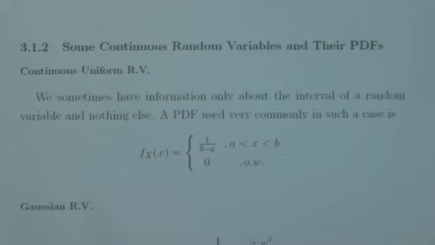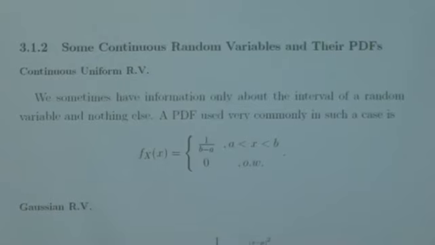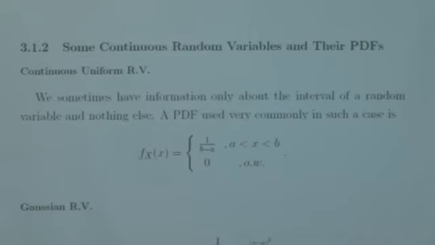Okay? What's the difference here? In the PMF case, we had B minus A plus 1 because we had exactly B minus A plus 1 values.